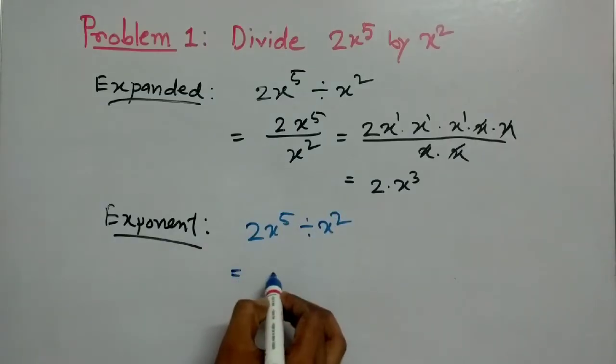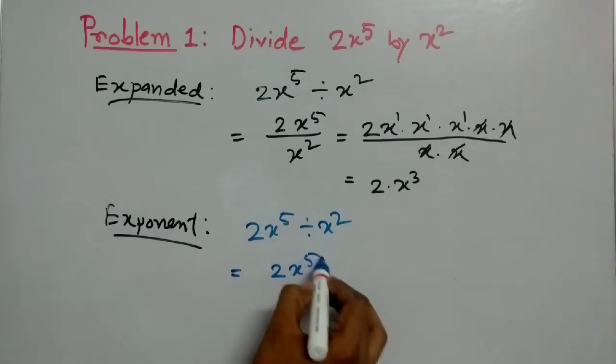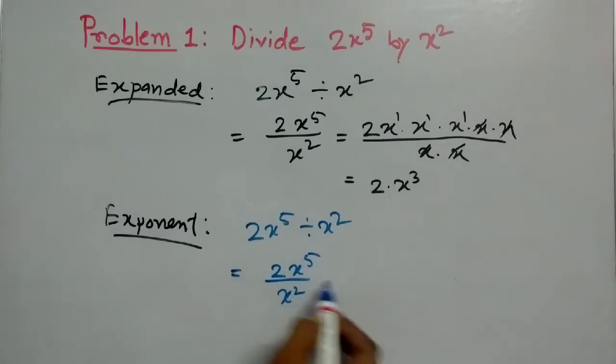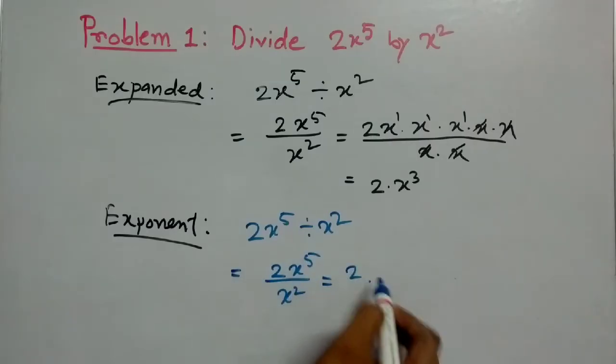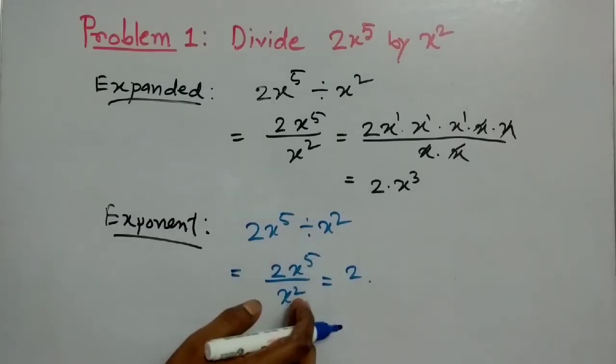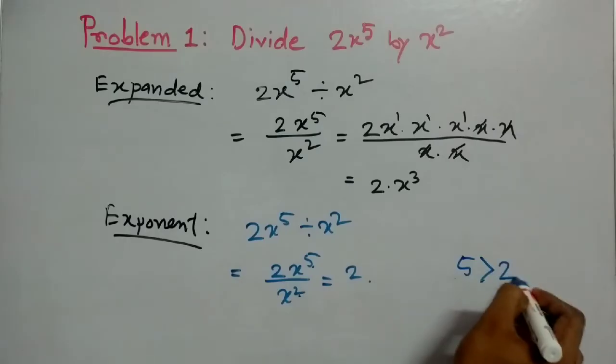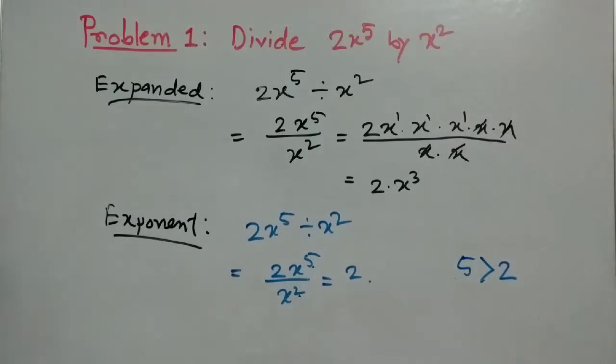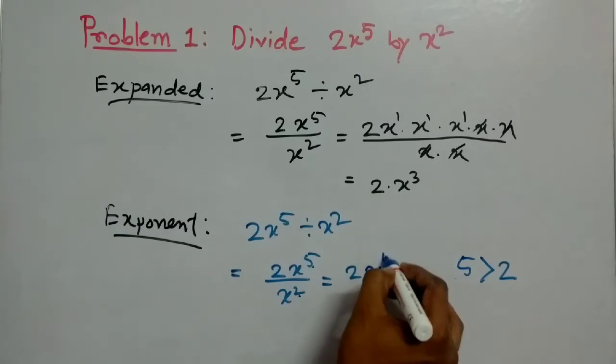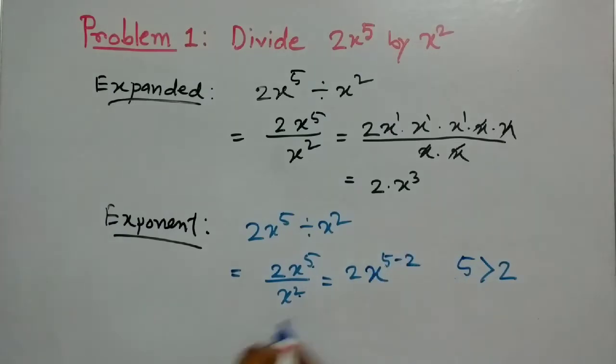This is x to the power 5, this is x to the power 2. Obviously 5 is greater than 2. Therefore, we can write it as x to the power 5 minus 2, so that is equal to 2 into x to the power 3. See, both the answers are the same.